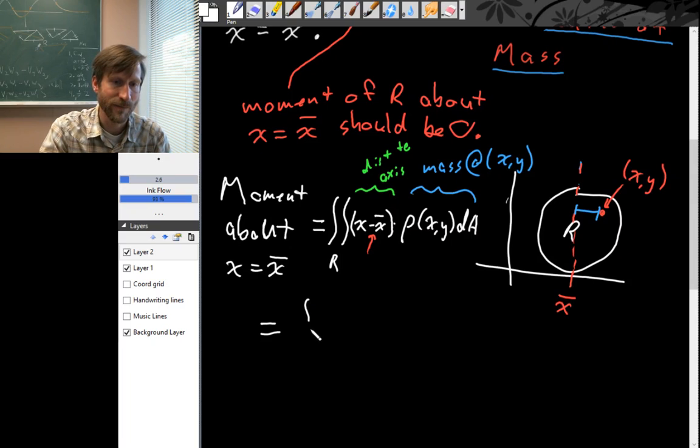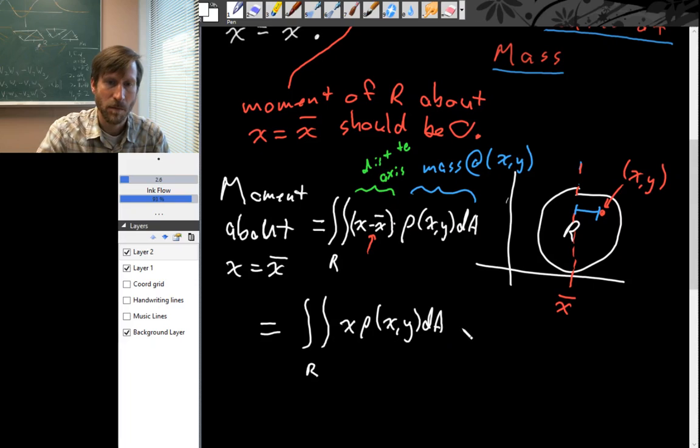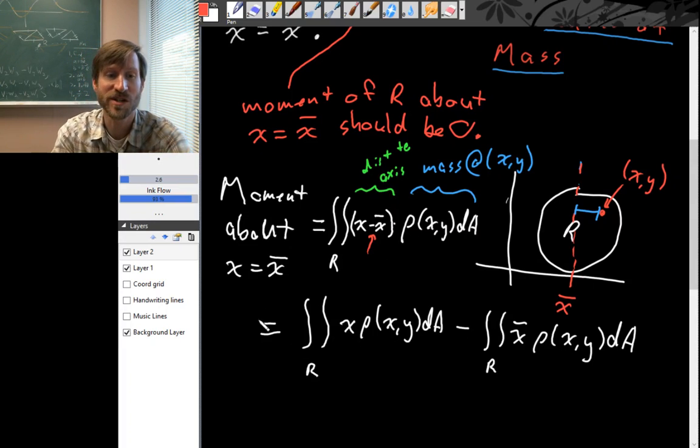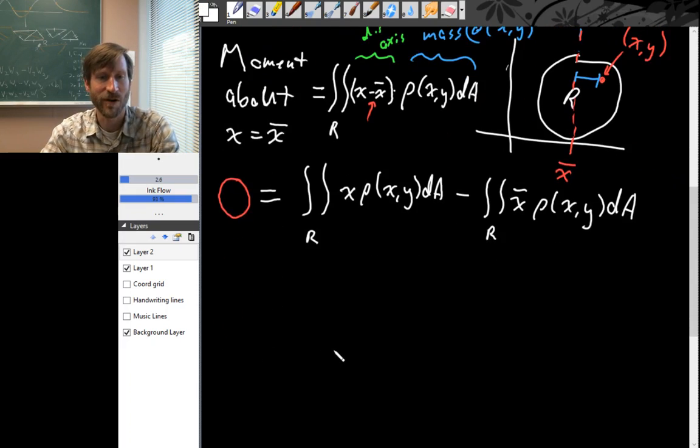It would look like this: integral over the region of x times rho of x, y dA, minus integral over the region of x bar times rho of x comma y dA. Okay, so this is the moment about the line x equals x bar. But remember, the whole point of the line x equals x bar is that that is where the region is going to balance, and so this moment should be 0. So we'll just set this moment equal to 0.